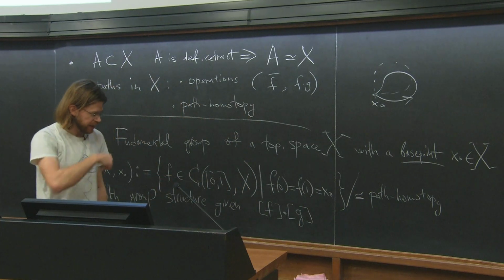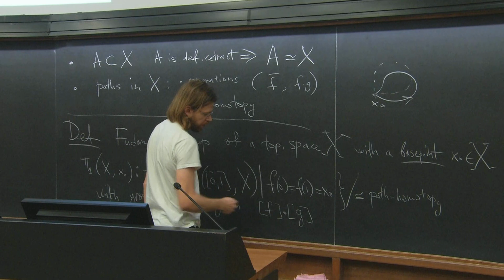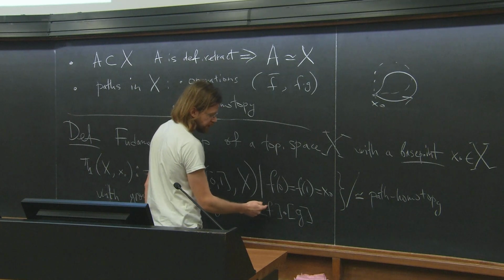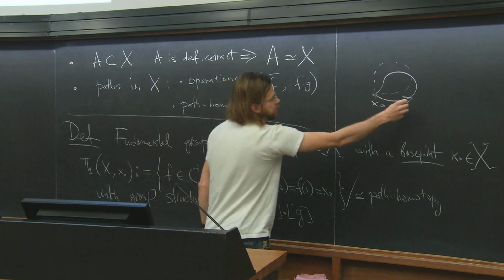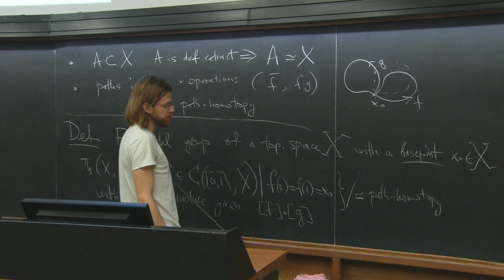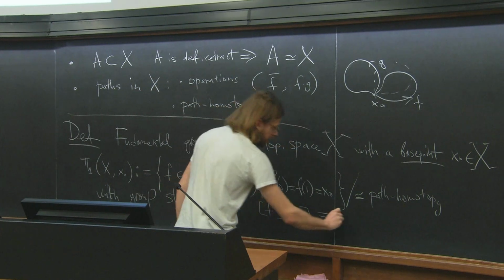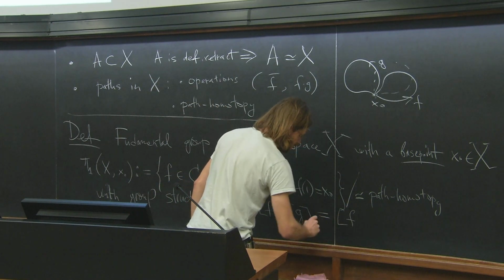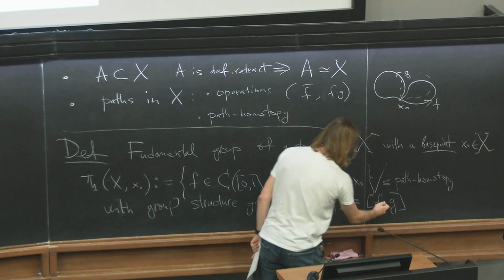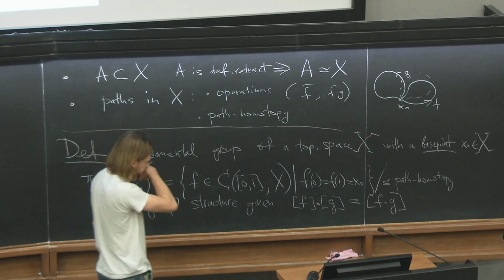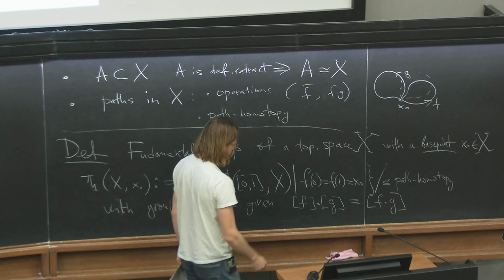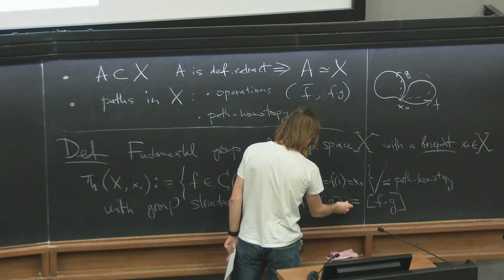We define the group structure by saying that the product of two classes, one represented by path F and the other by path G, another path which starts and ends at the same base point x0, is defined to be the equivalence class of the composition of paths. This is the group multiplication.